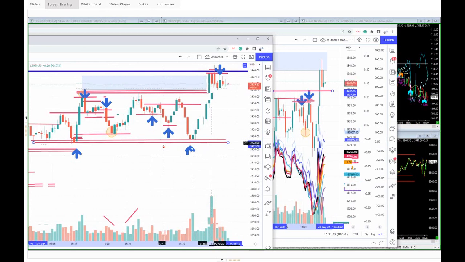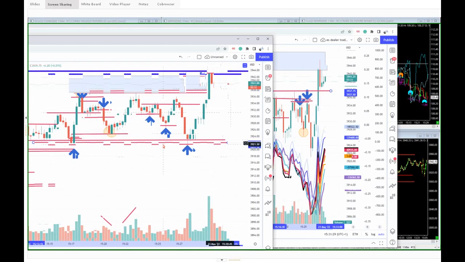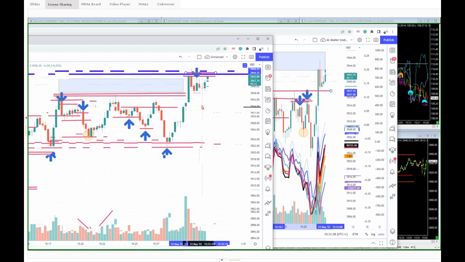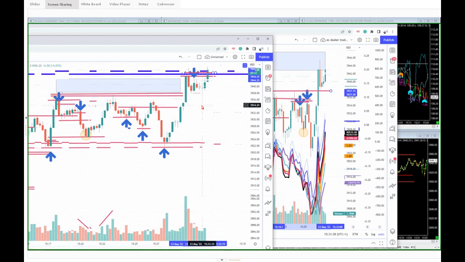But there's the new dealer's level at the moment. You all agree that that's the dealer's level? That's the dealer's level on a 15-second chart, of course. The dealer's level on a 5-minute chart is going to be slightly different. That's why doing multiple time frames can give us some interesting references.